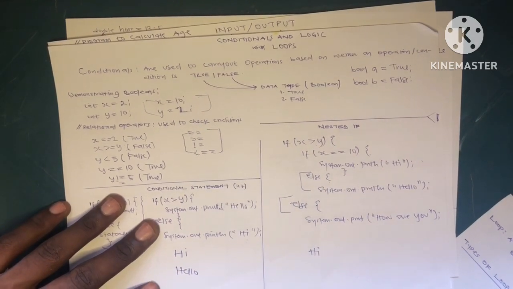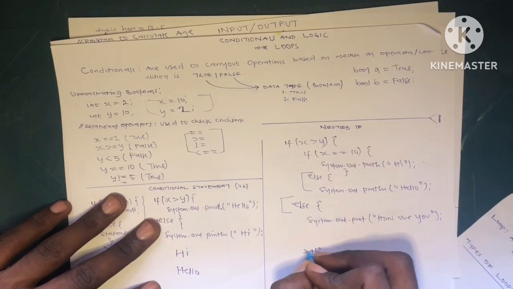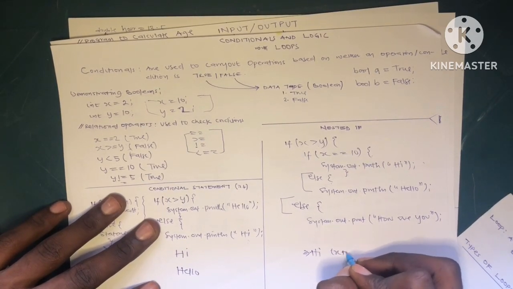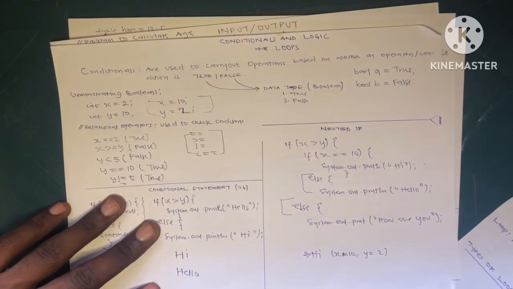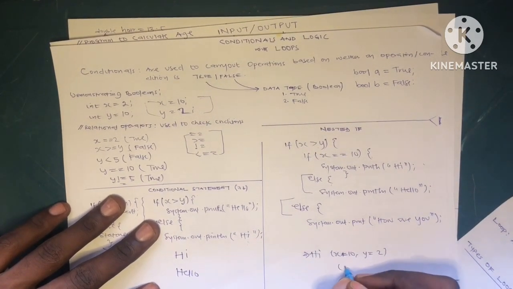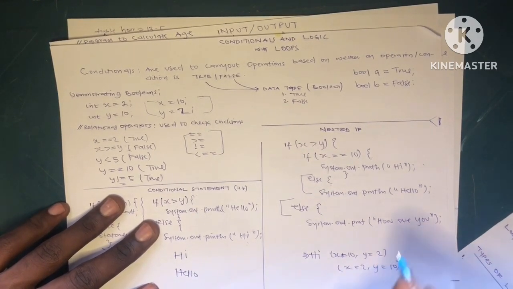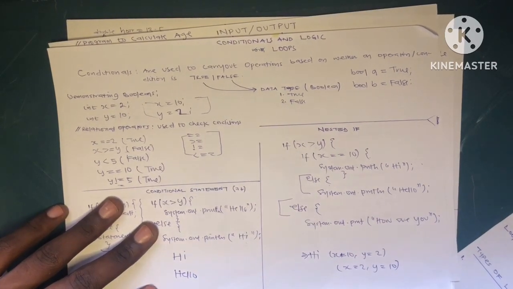Okay, it is very difficult to understand. Don't forget that this hi is based on the assumption that x was equal to 10 and y was equal to 2. Now let's assume that x was equal to 2 and y was equal to 10. Is 2 greater than y?